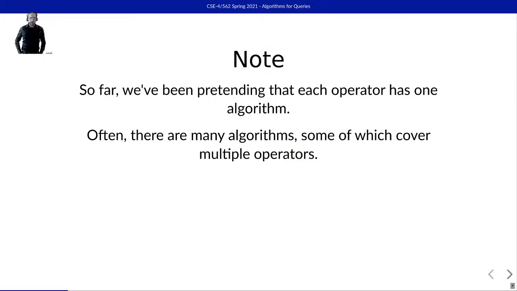There might be multiple different algorithms, and we'll actually see an example of that today when we talk about joins and Cartesian products. Also, in many production database systems like Spark, there might be some algorithms that cover multiple operators. The really trivial example of this is that Cartesian product combined with selection gives us a join, which, as we'll discuss today, lets us be a little more clever with picking an algorithm than we can for just a Cartesian product and a selection.